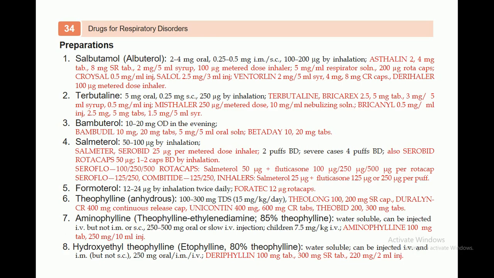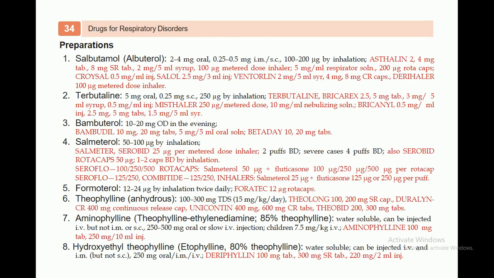Salbutamol is available in the market under different brand names like Asthalin 2 and 4 milligram tablets, 8 milligram sustained-release tablets, 2 milligram per 5 ml syrup, 100 microgram metered dose inhalers, and 5 milligram per ml respiratory solutions. So it means that there are different brands of salbutamol available in the market and you can purchase them, in the form of tablets, spray, solutions, or syrups.